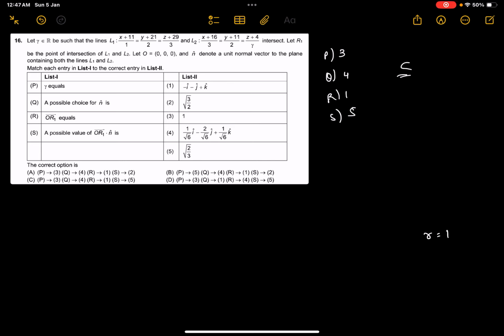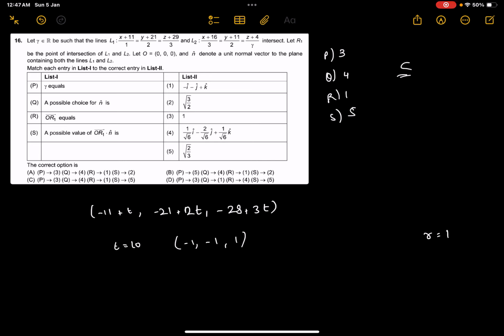Okay, t was 10. And the parametric form of the line was -11 plus t comma -21 plus 2t comma -29 plus 3t, and t was 10. So the point r is -1 comma -1 comma 1, which again is not any surprise.